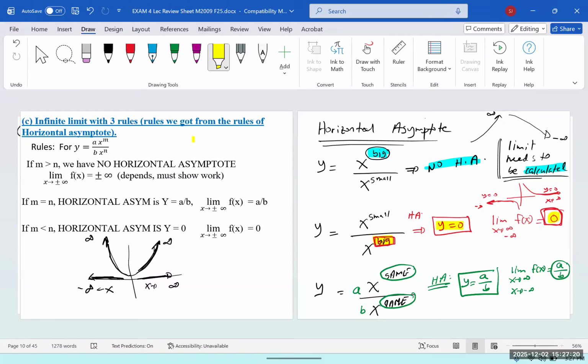And if you have the same highest degree on the numerator and denominator, then the ratio of the coefficients is your limit and also your horizontal asymptote. So you do have to memorize these three rules.